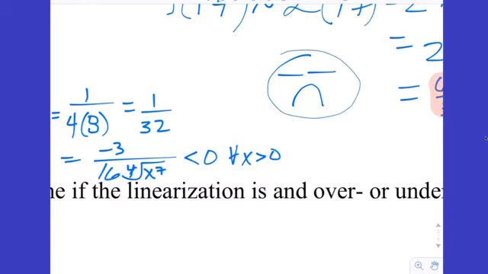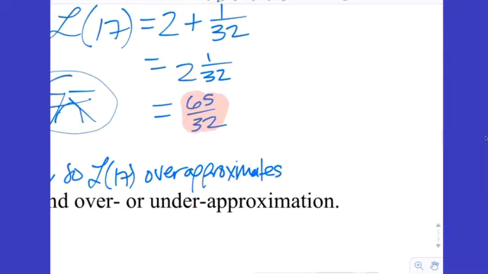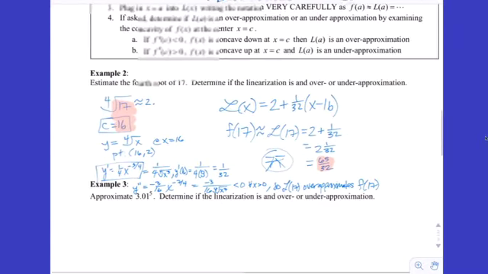That means the graph is concave down everywhere to the right of 0, which means the tangent lines are going to be above the curve again. So now all you have to say is, L of 17 over approximates f of 17. And that right there is a typical linearization question.